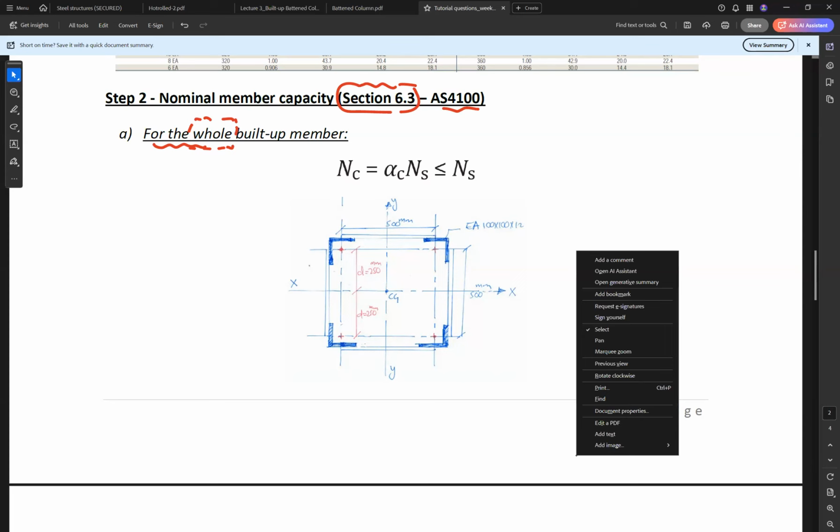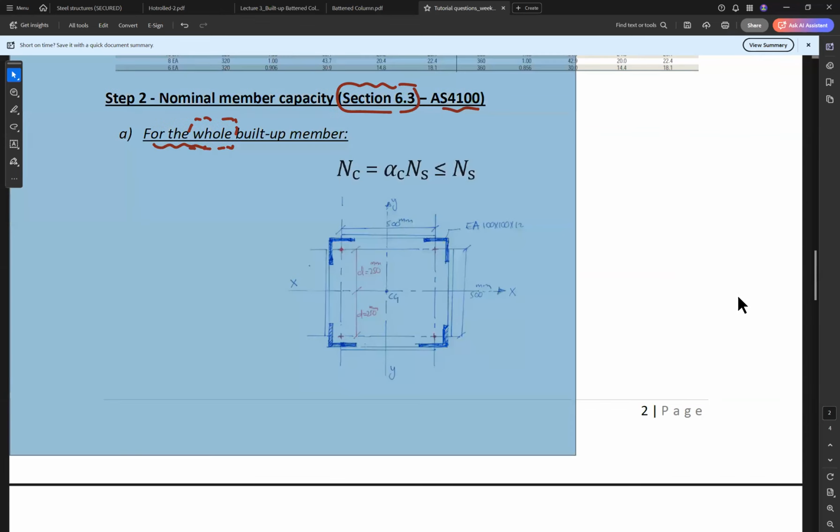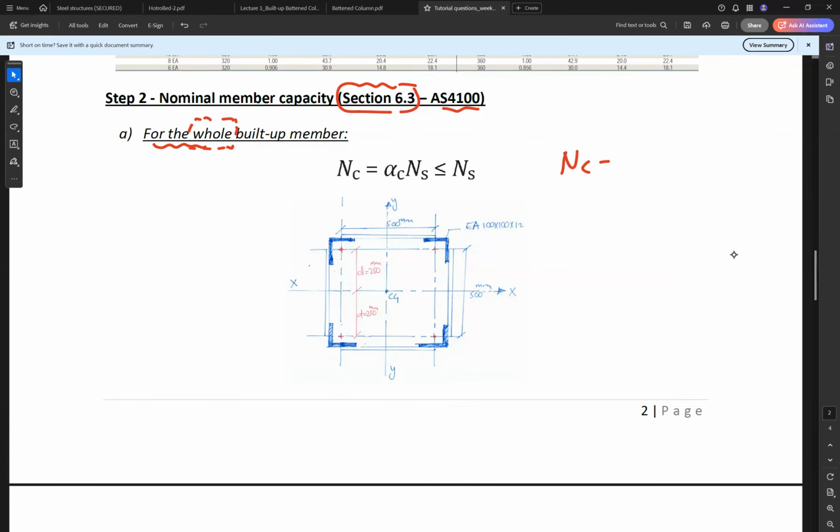This is the formula for a built-up section or a normal hot rolled section, like the universal column section or any other hot rolled section.